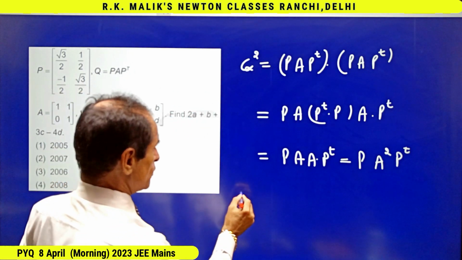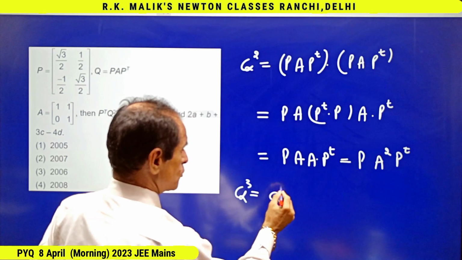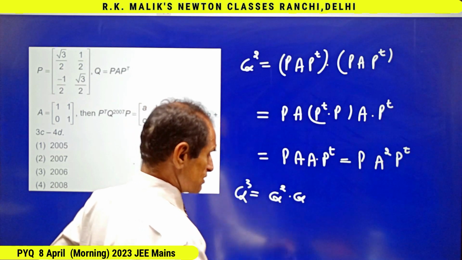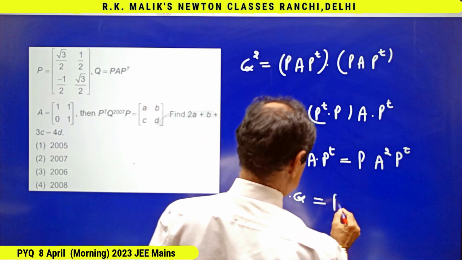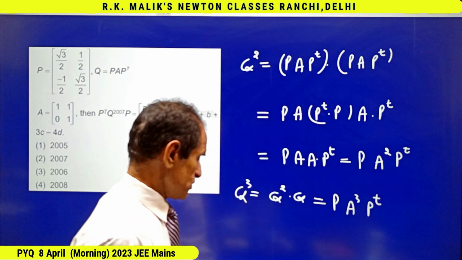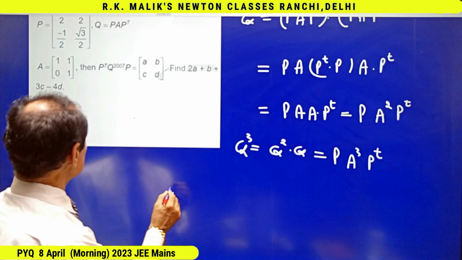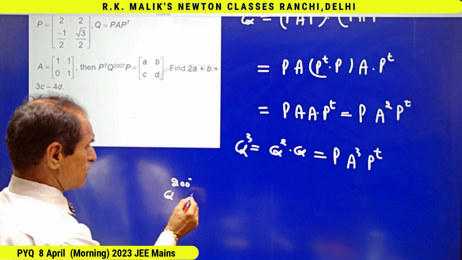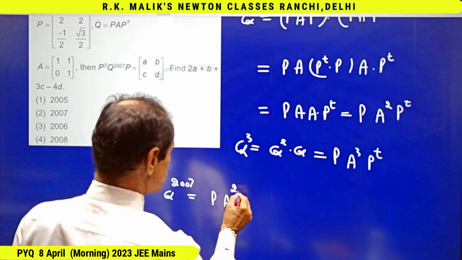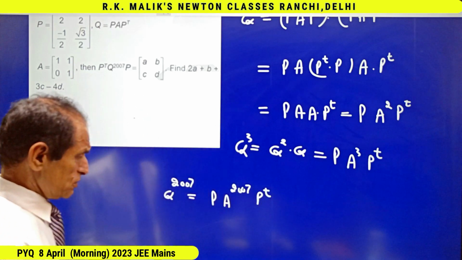Now if I want to find Q cube, I write Q cube as Q square into Q, and proceeding in the same way you will get P A cube P transpose, and finally Q to the power 2007 will be equal to P A to the power 2007 into P transpose.